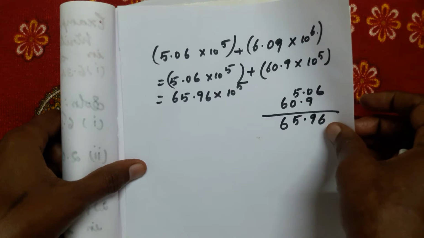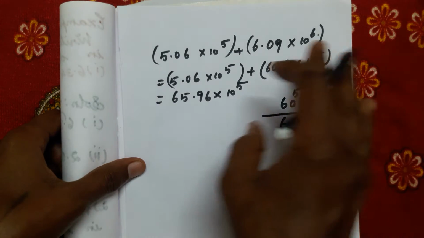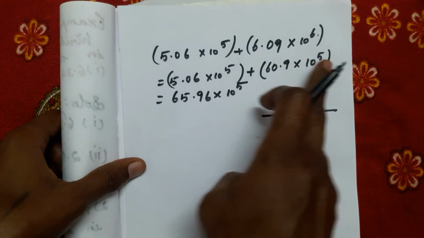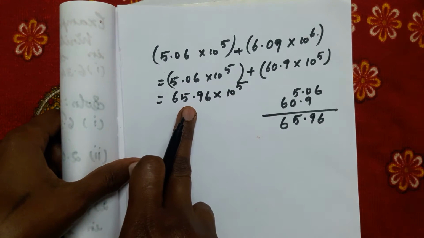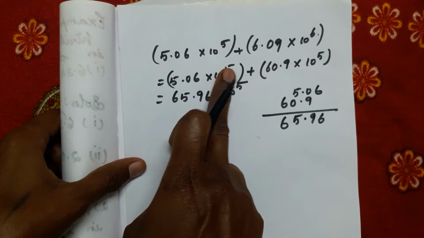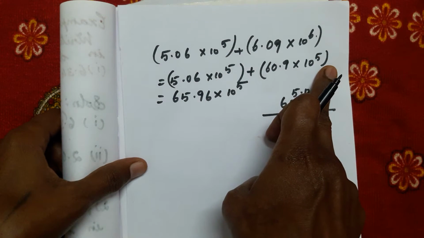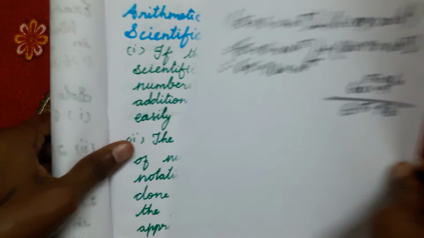Can you able to understand this? Okay. Same like that we can subtract also. If the power is the same, we can subtract. Clear? Otherwise, first we want to convert the powers into the same. Afterwards we have to add or subtract.